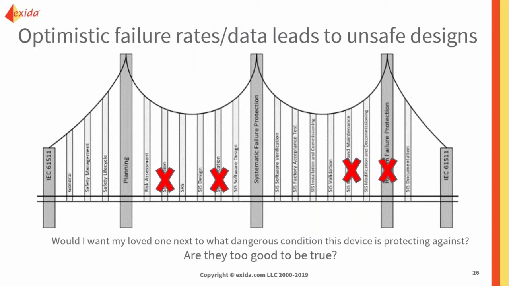So remember when we talked about who cares about failure rates? What do the standards say? Well, they said they need to be credible, traceable, documented, and justified. So if you think of your standards, whether you're dealing with IEC 61508 or 511, I like to think of it as this bridge to safety.